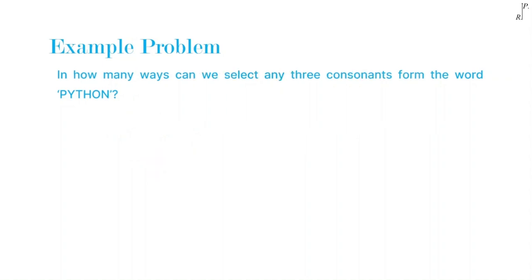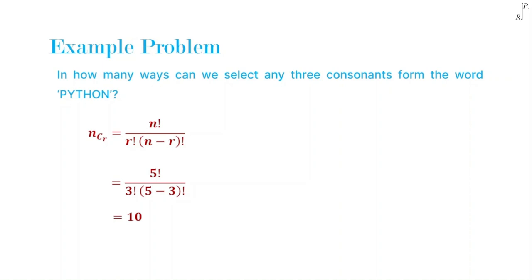Let's look at our third problem now. It says, in how many ways can we select any 3 consonants from the word Python? In this word, Python, we have a total of 5 consonants, from which we are asked to select any 3. So, we can apply combinations without repetitions here to select 3 consonants out of 5, which will be 5 factorial upon 3 factorial multiplied by (5 minus 3) factorial, which is equal to 10.